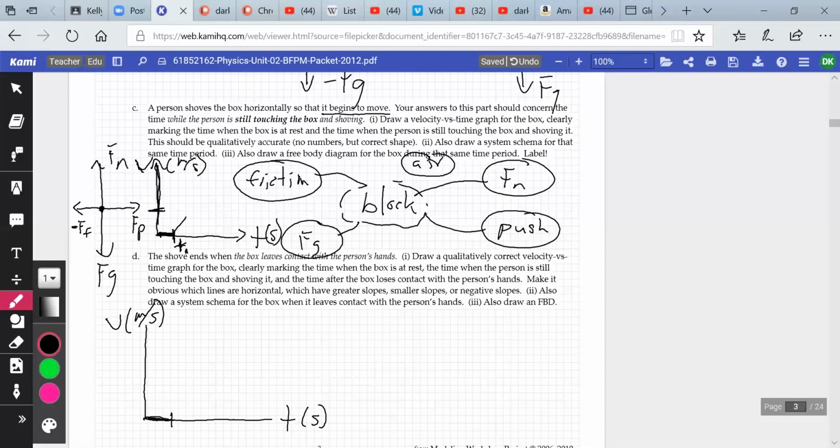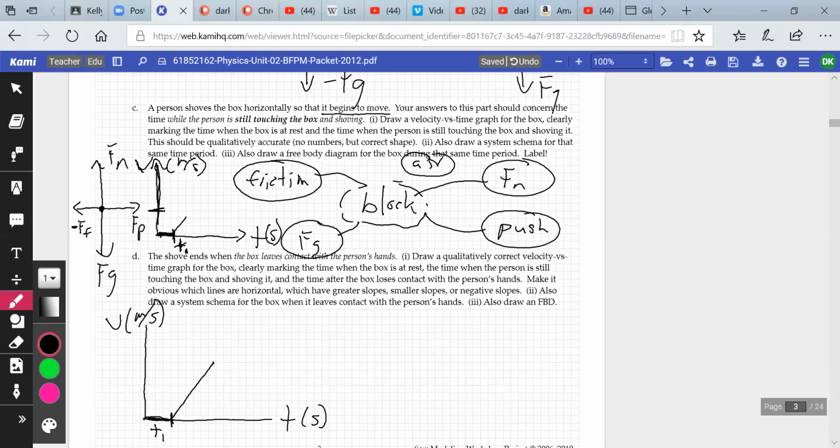So we can say it's at rest. It's being pushed, but the object hasn't started to move yet. Here we can say it starts to move. You're pushing it and the object is going from 0 velocity to some non-zero velocity: 2 meters per second, 3 meters per second, whatever.